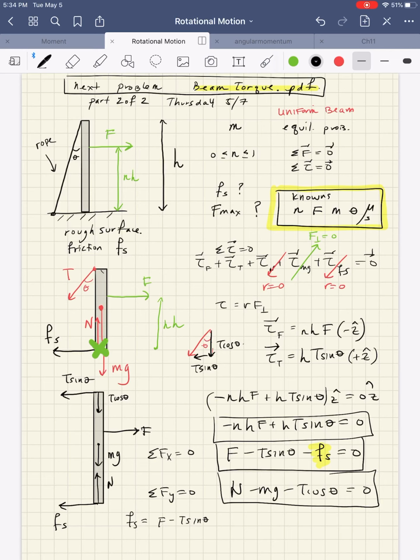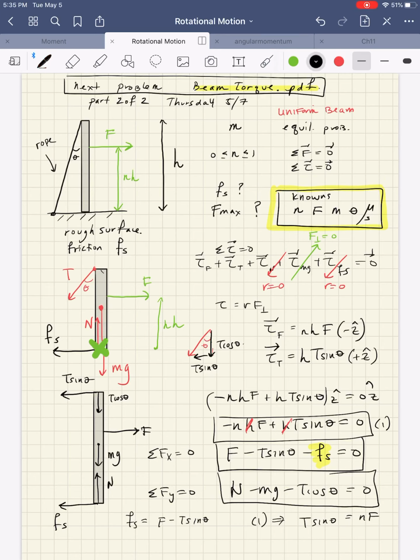But lucky for me, I have another T sine theta right in here, and I can solve for T sine theta from this equation. So from equation 1, T sine theta is equal to n times F. So the h's just cancel right out here.